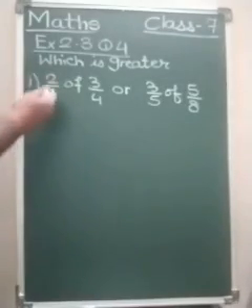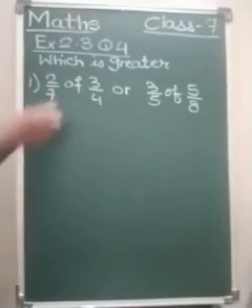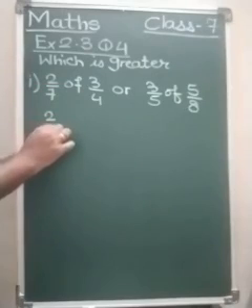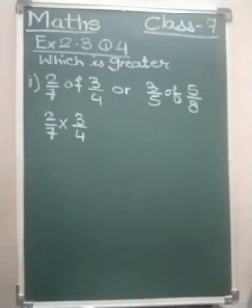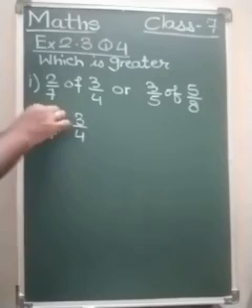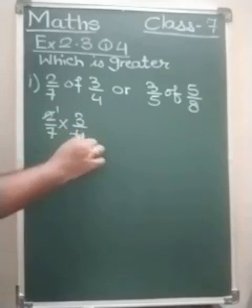So for this part, 2 upon 7 of 3 upon 4, this will be 2 upon 7 multiplied by 3 upon 4. Here we can see 2 and 4 have common factors. 2 ones are 2, 2 twos are 4.